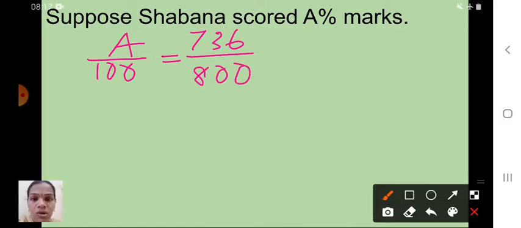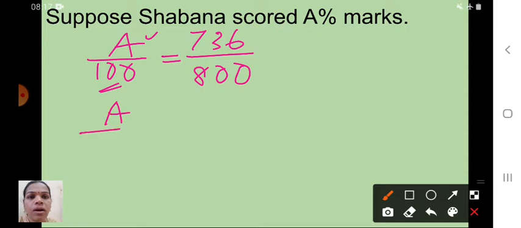How do we solve? We have to find A, so this 100 we have to remove. Here division is there, so on both sides we have to multiply with this 100. This one we already studied in the equation chapter, isn't it children?